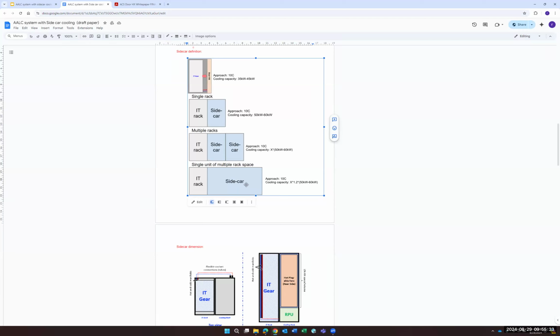You can reduce the number of components. So when you reduce the number of components, your failure rates will change, and also your efficiencies will change.